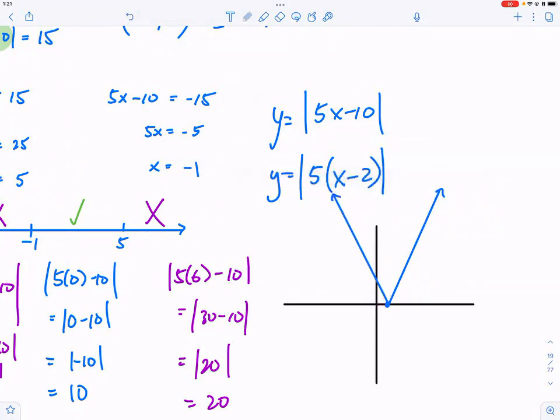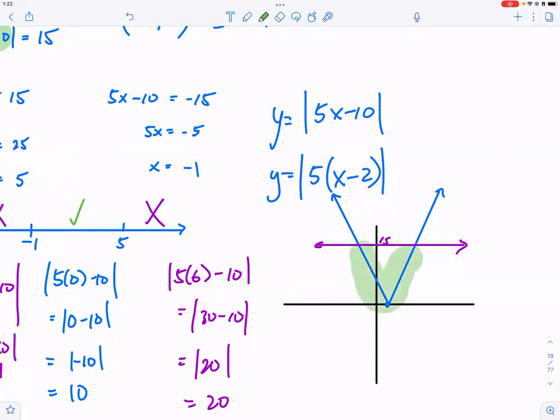And then you have the other side of the inequality, which is 15. So you have y equals 15. If you just look at it graphically, which part of the absolute value graph is lower than the purple graph? Well, it has to be this portion.